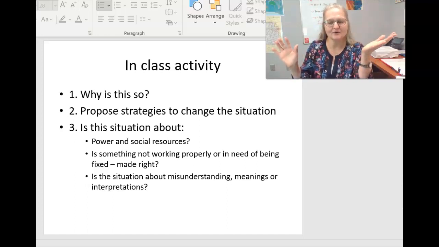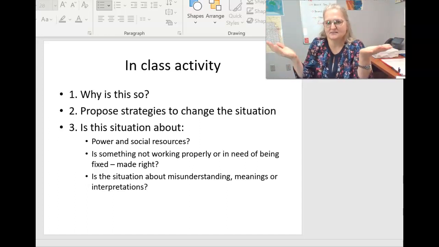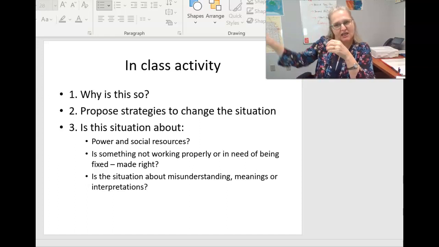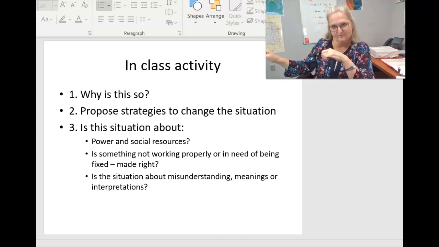Why is this so? How do you explain this? How do you explain why people get divorced? Well, they fall out of love. She's not financially dependent. It was easy, right? Why is this? And then sometimes we start with how we would change the situation.